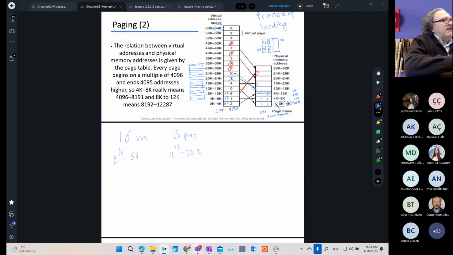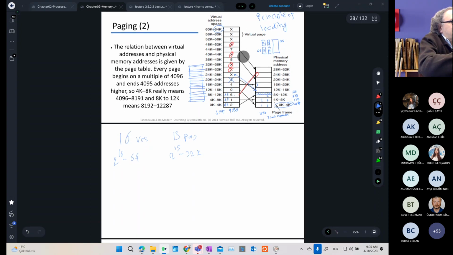If I use the regular paging, how many entries should I keep in my page table? 2 to the 16 over 2 to the 12 is 2 to the 4, which is just 16 elements. But with the inverted page table, I keep just 8 elements in it.